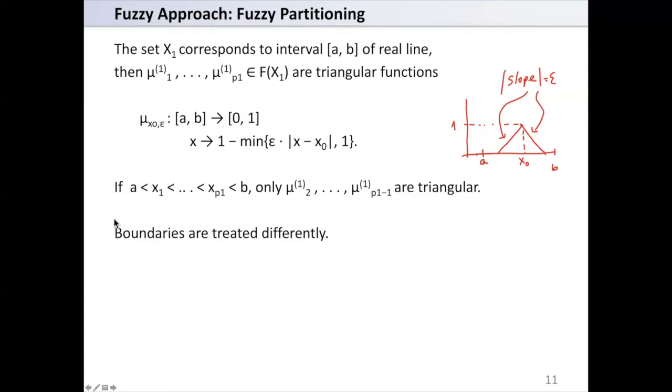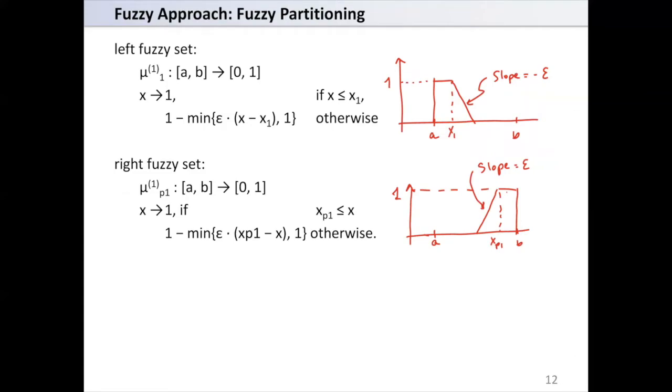However, for the boundaries, the membership functions are treated differently. For the left fuzzy set, the membership function 1 on the reference set 1, from interval [a, b] to interval [0, 1], is such that it is 1 if x is less than x1.